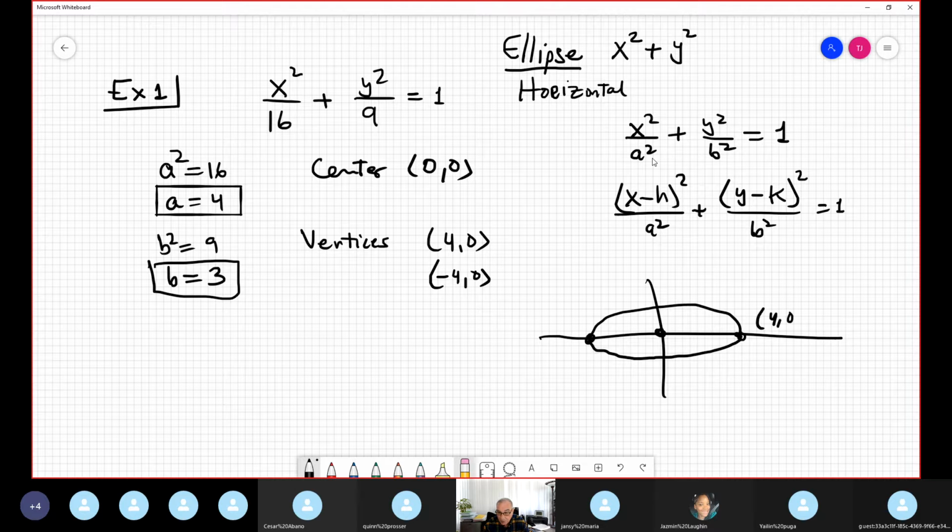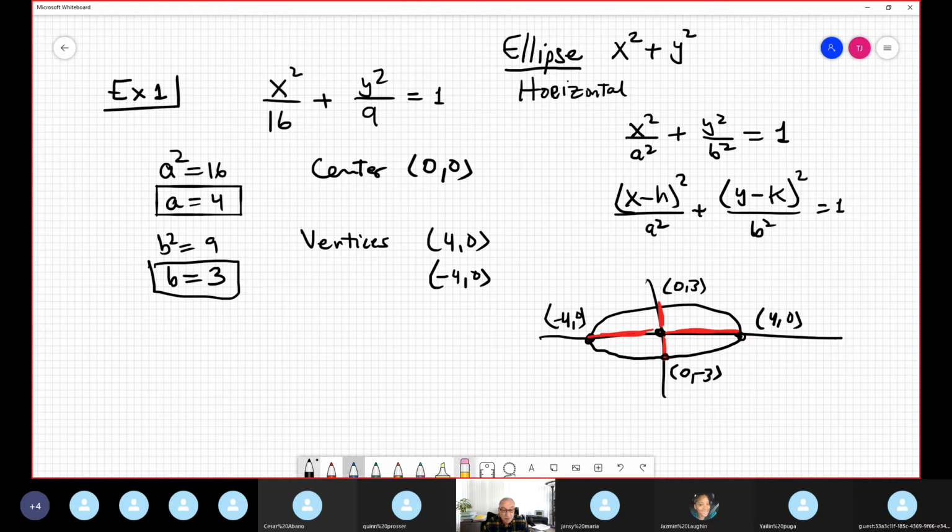This is 4,0 and negative 4,0 because the distance A is 4, 4 in this direction and 4 in this direction. And 3 in this direction and 3 in this direction. So this point is 0,3 and this point is 0,-3.